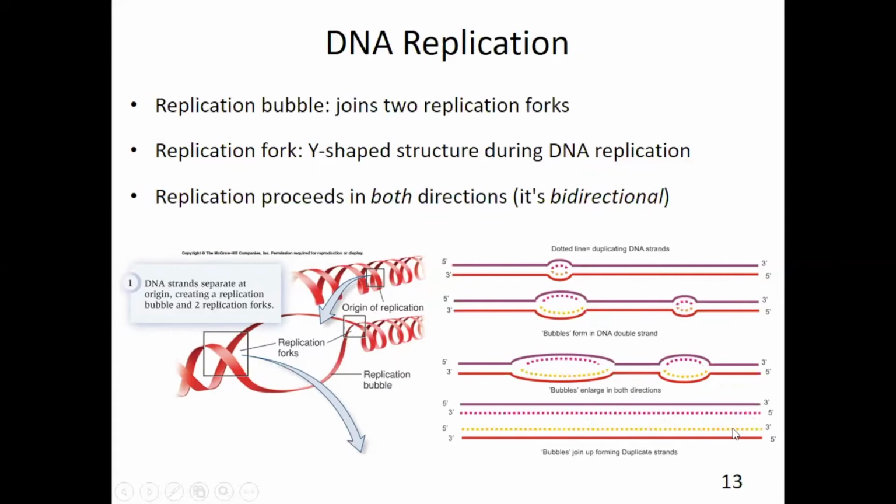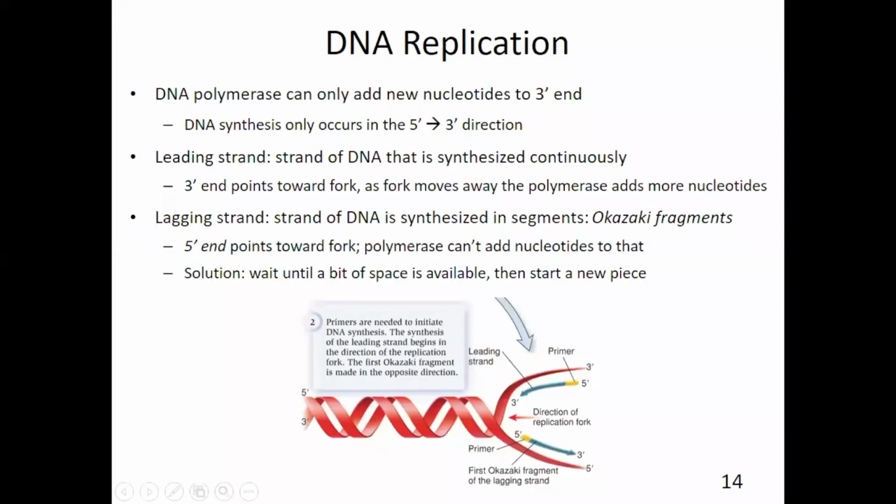So this figure here is using dotted lines to represent the new strands and solid lines to represent the template or parental strands. In this figure, we are looking at DNA replication in one particular replication fork. So we see in red the parental strands or template strands, and we see the new strands being formed here in blue.